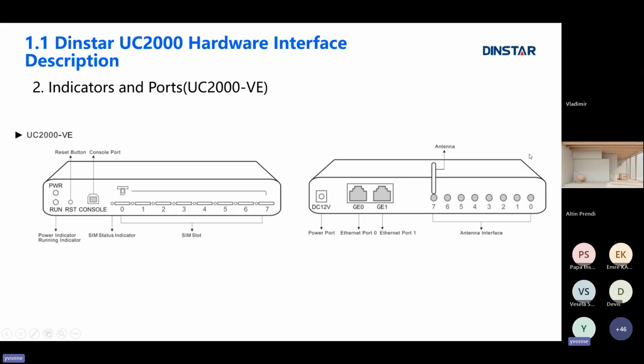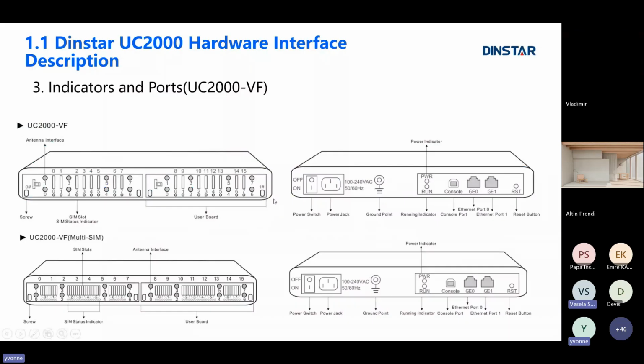Yeah, you can see there are also 8 antenna interface ports. So it's one antenna matched to one module. And the UC2000 VF is a normal one like the UC2000 VE. But what changes? Yeah, the power supply.